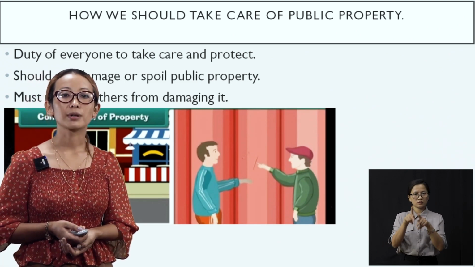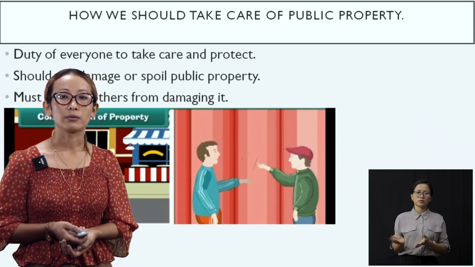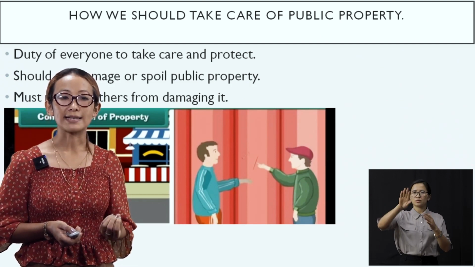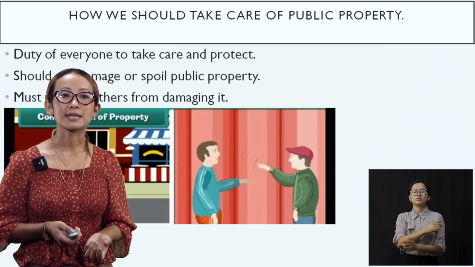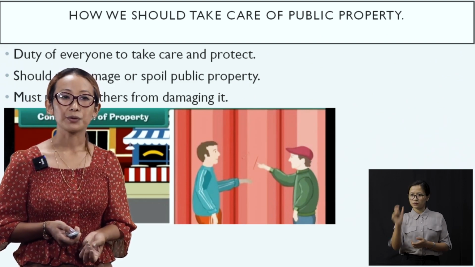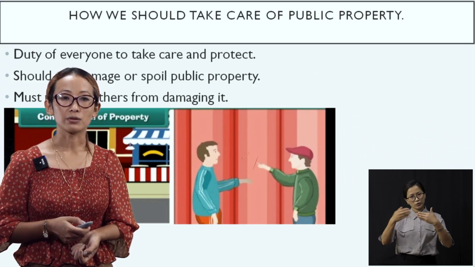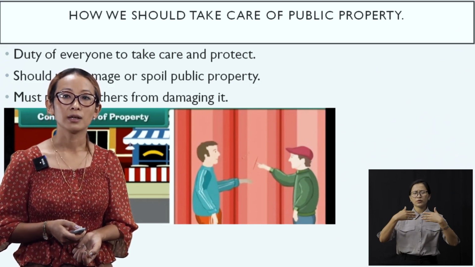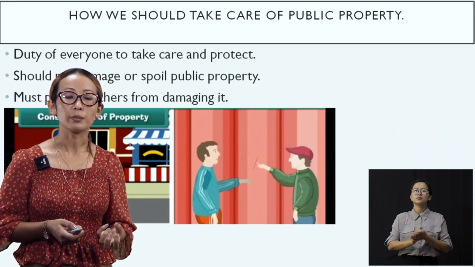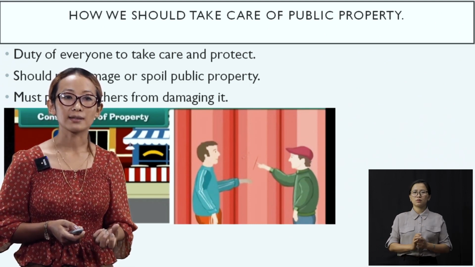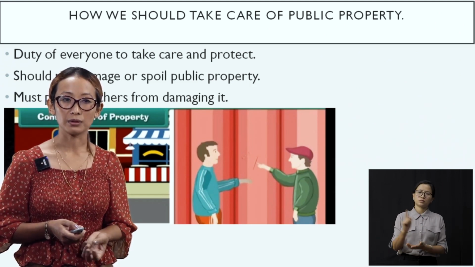For example, when you happen to visit hospitals, and if you see any person scratching a door or damaging the doors or the windows of a hospital or a community hall, then you should tell them that it should not be done. It is your duty.